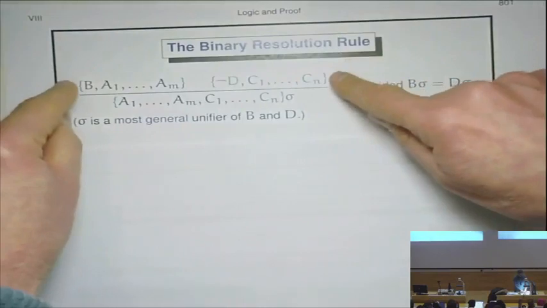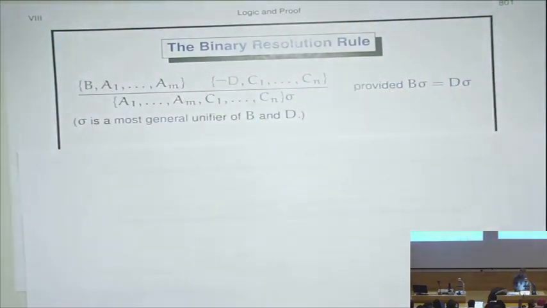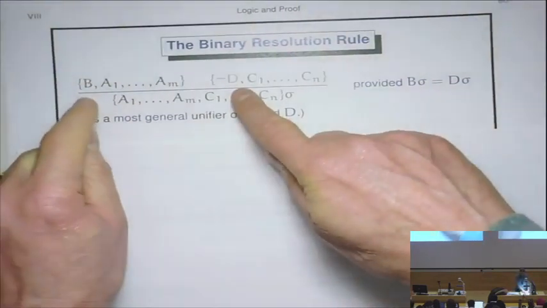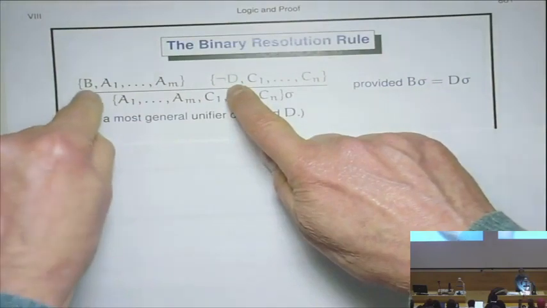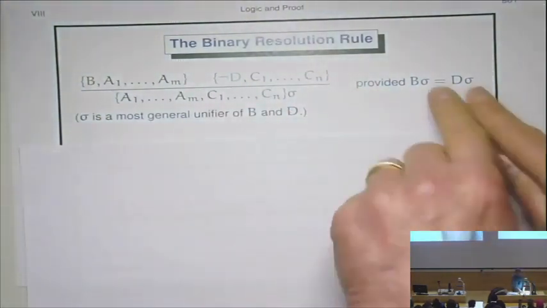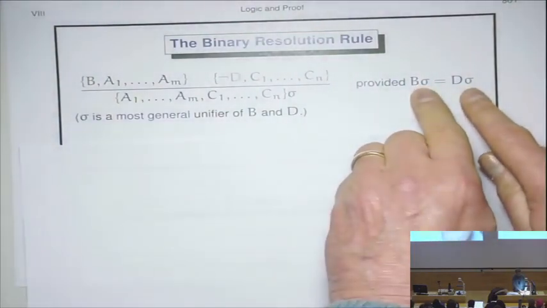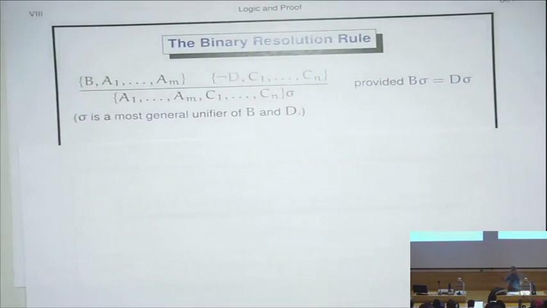Remember, these are clauses which represent disjunctions of literals. And in the original, when I showed you what resolution looks like in propositional logic, this thing here was not B. No, it's exactly the same as B, only negated. And the only thing we're doing now is we are using unification to say, well, they don't have to be identical anymore, as long as you can make them identical by unifying them.